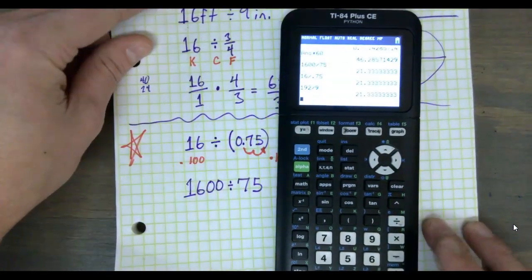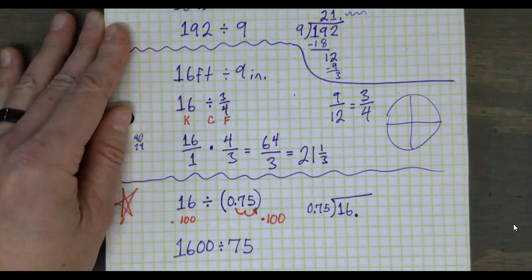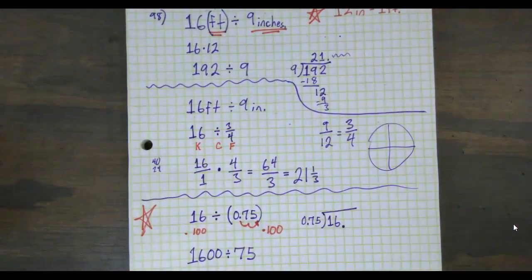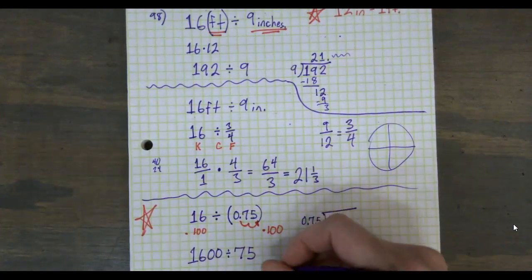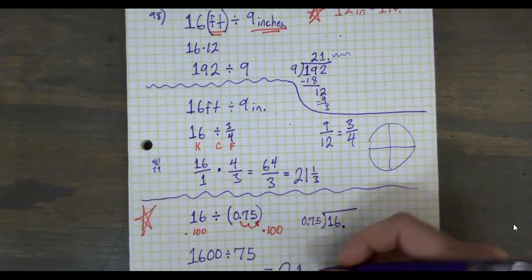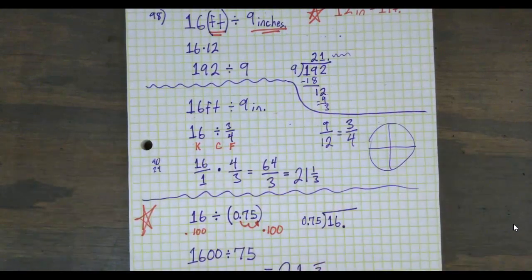What I'm trying to get you guys to see is this was one problem, and we just did it 3 different ways, and all of them got to the same answer. If we want to be accurate, it's 21 and 1/3, or 21.3 repeating.